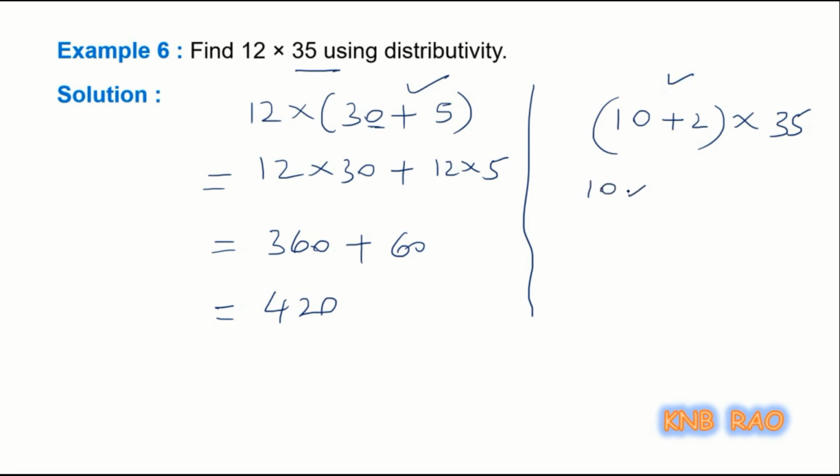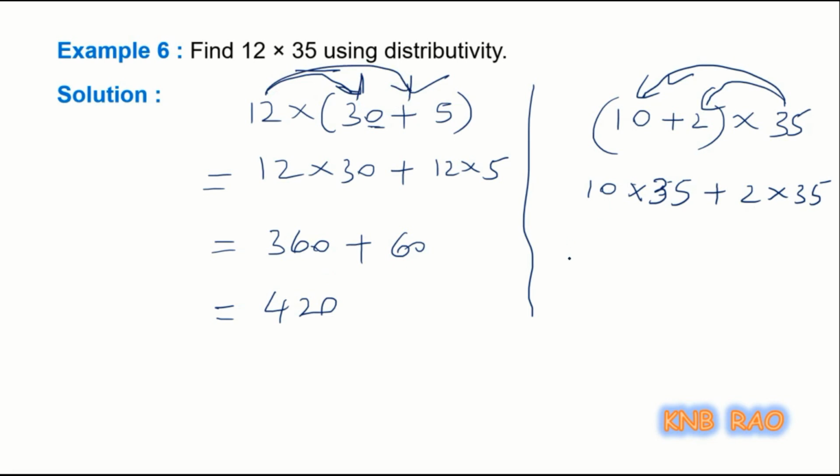Now 10 into 35 plus 2 into 35. So here 35 is distributed over the sum of 10 and 2. Here 12 is distributed over the sum of 30 and 5.